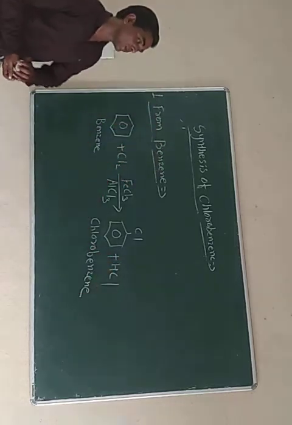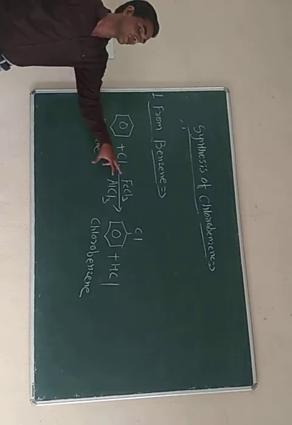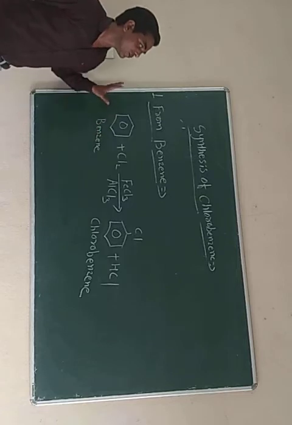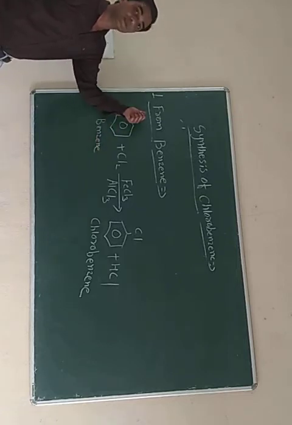So in this way, chlorobenzene is prepared from benzene. Benzene reacts with chlorine in presence of FeCl3 to give chlorobenzene. So this is the first method of synthesis of chlorobenzene from benzene.